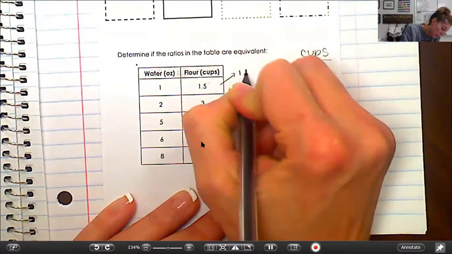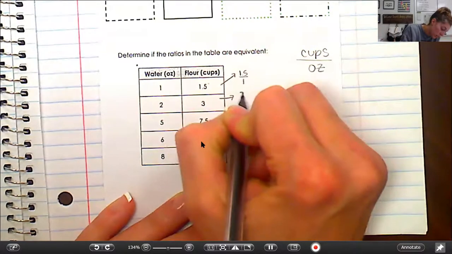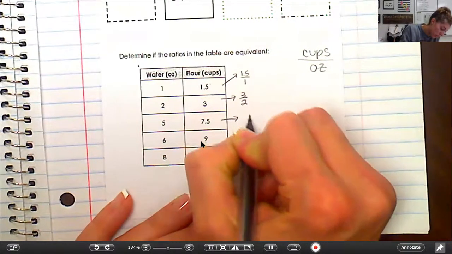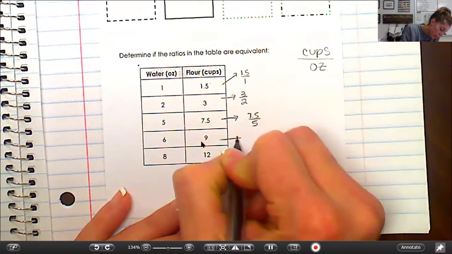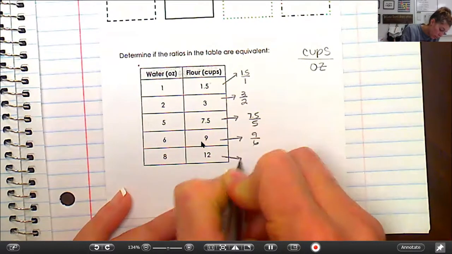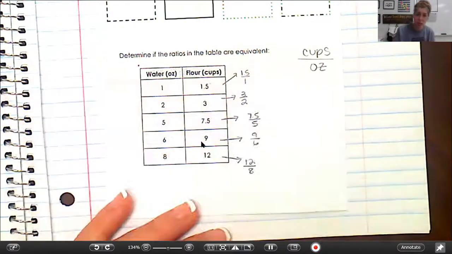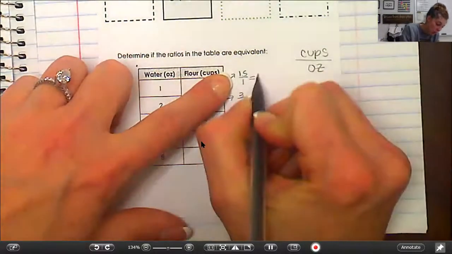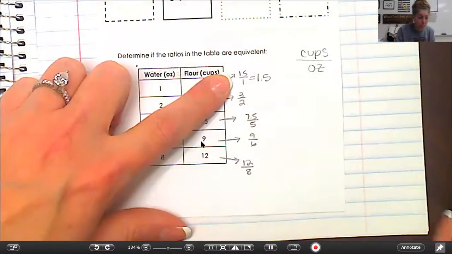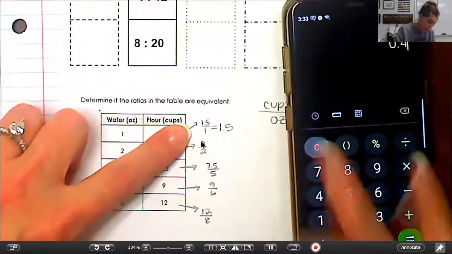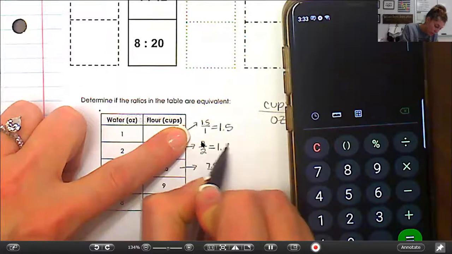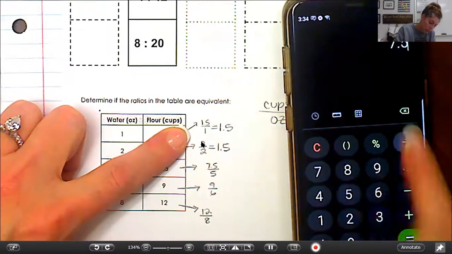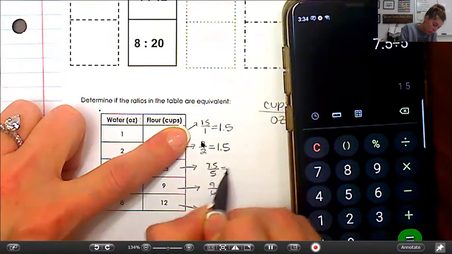Cups over ounces. Now 1.5 divided by 1 is 1.5. Anything divided by 1 is itself. 3 divided by 2 is also 1.5. So 1.5.